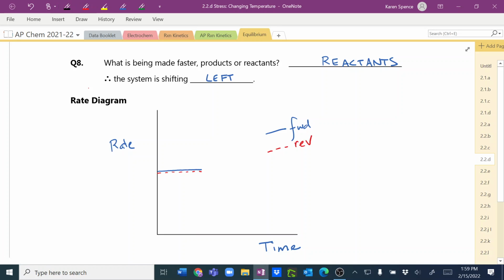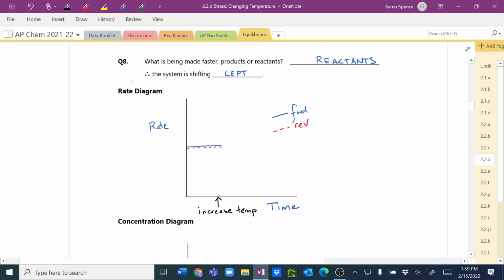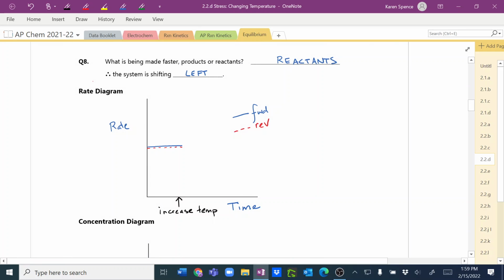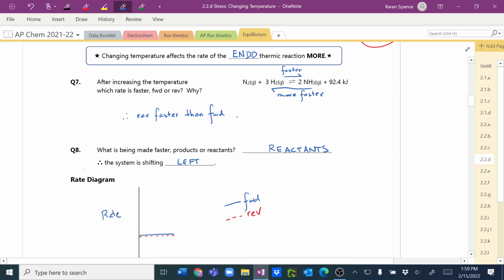And then all of a sudden here, we increase the temperature. What would that look like on this graph? What should the blue line do, the forward line? It should go up. Okay, so the forward line is going to go up. What's the reverse line going to do? It's going to go more up.